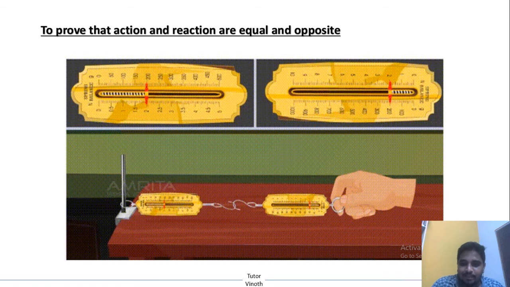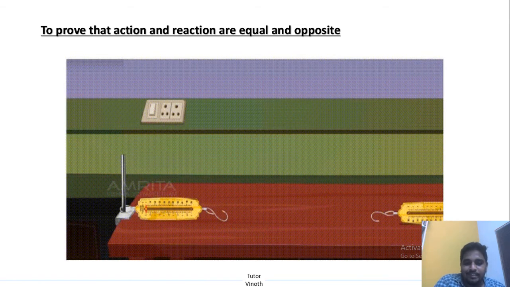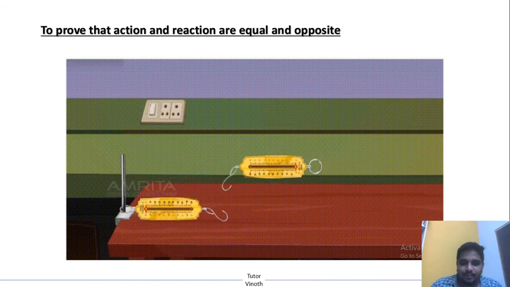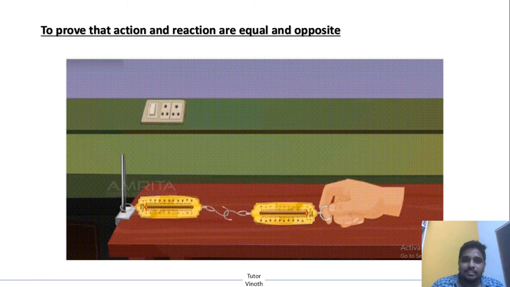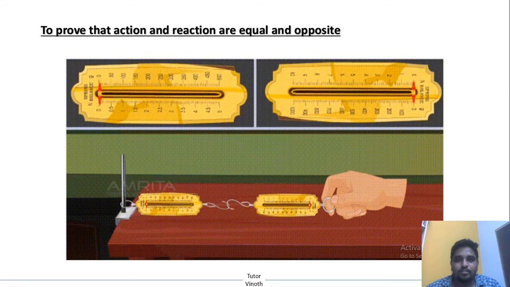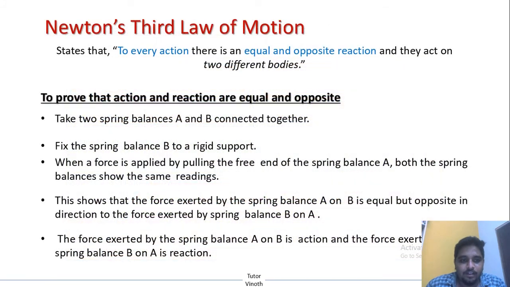And the left hand side spring gets moved, right? So the right side and left side show the force changing in the opposite direction. That is called Newton's third law of motion. It states that to every action there is an equal and opposite reaction. They act on two different bodies.